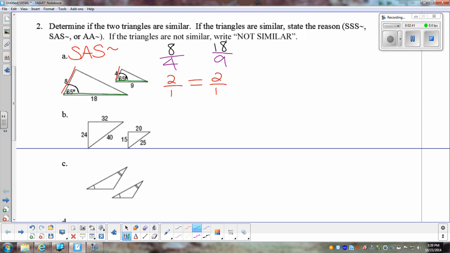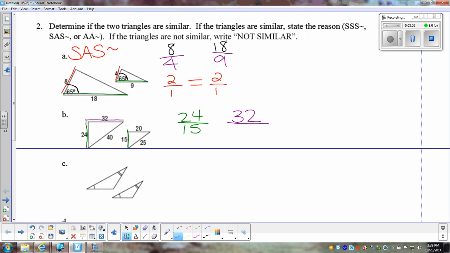In B, I don't know any information about any of my angles, so the only possible one would be side, side, side, but before I can just write down side, I have to check my proportions. The small side of my bigger triangle is 24. The small side of my little triangle is 15, so 24 over 15. The medium side of my big triangle is 32.